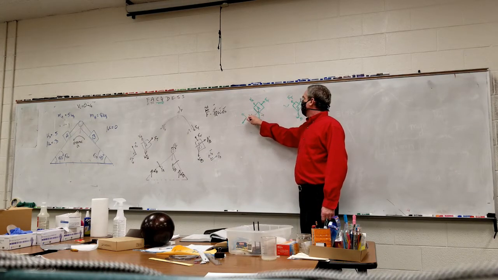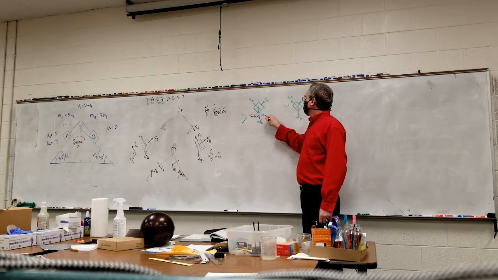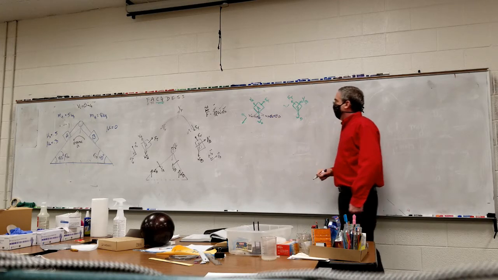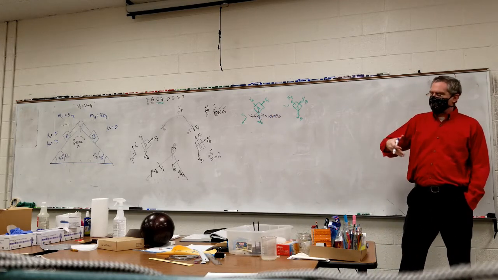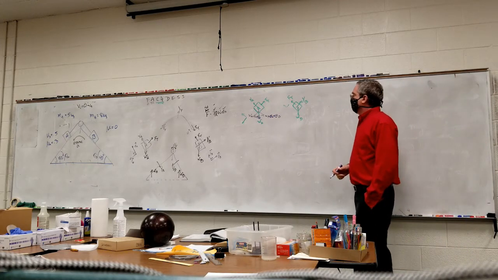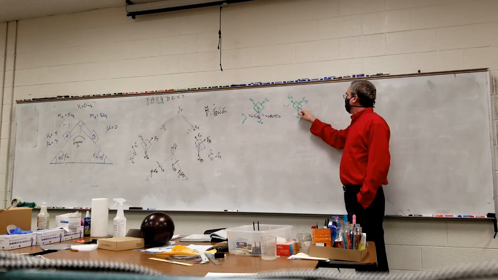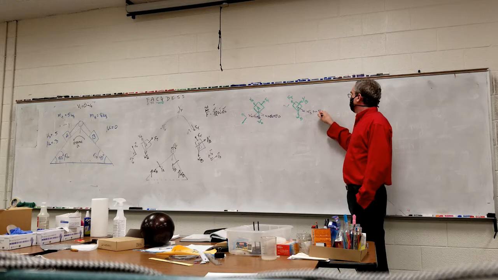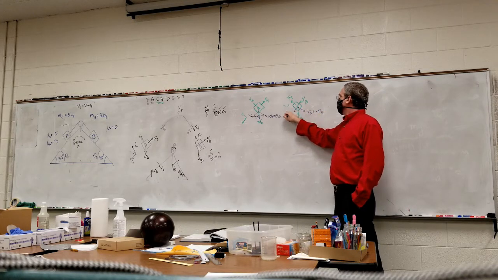This will be W sub A sine of theta A, and W sub A cosine of theta A. Same logic as we went through before. And here, down the ramp, W sub B sine of theta B, into the ramp, W sub B cosine theta B.